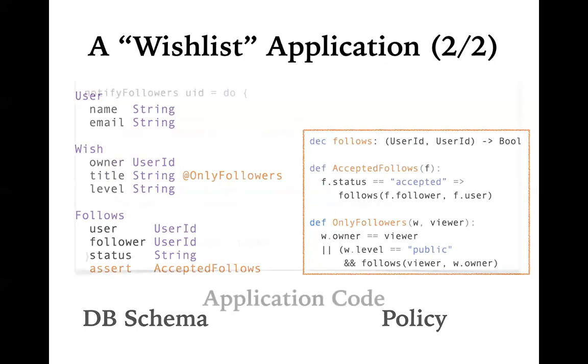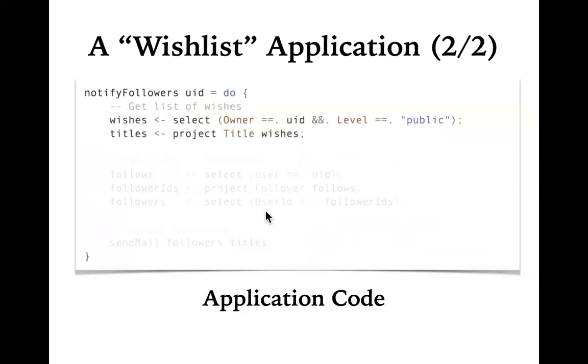And the same kind of thing happens if you have a piece of application code like this. Now imagine I want to tell all my followers my birthday is coming up, and I want the email to go out saying Ranjit wishes for the following 10 things. What a terrible app. Anyway, you might write a query that looks like this. Wishes: the owner is UID and level is public, so you pull out all the wishes.